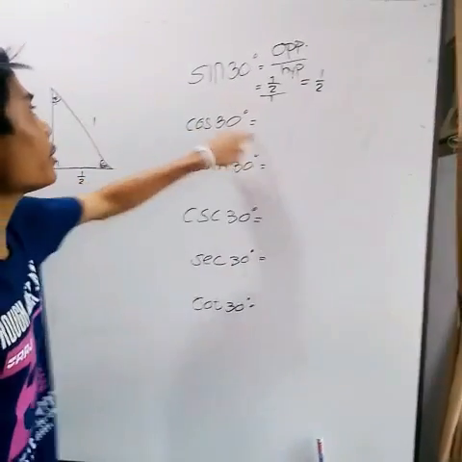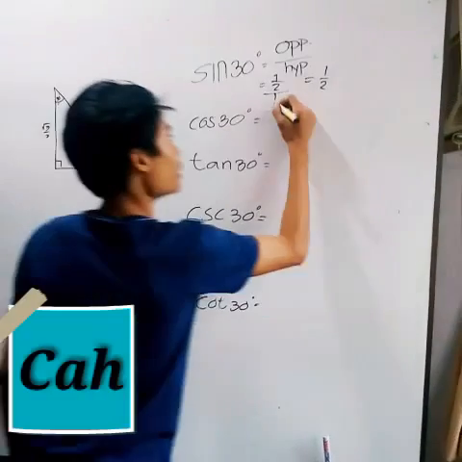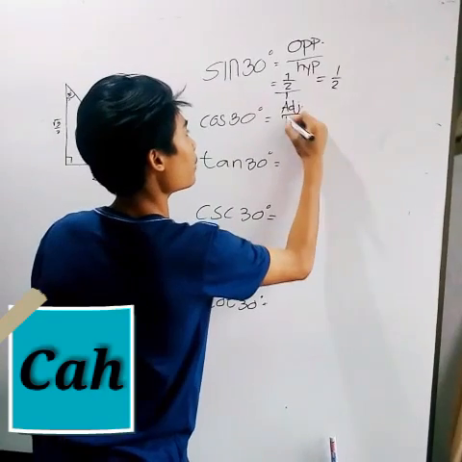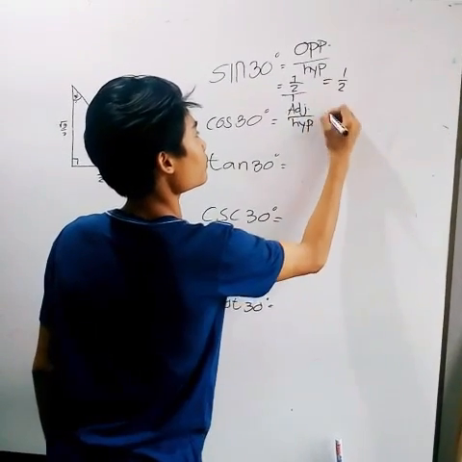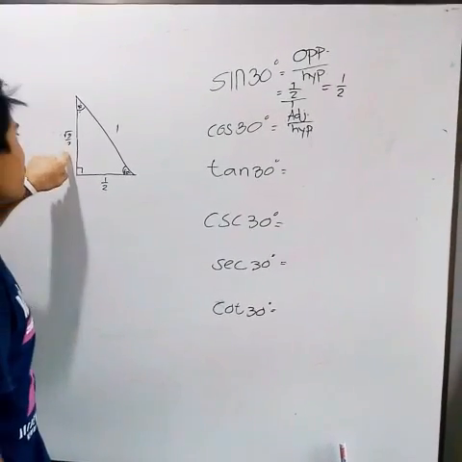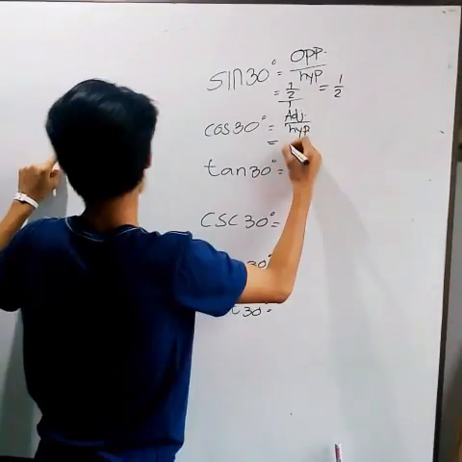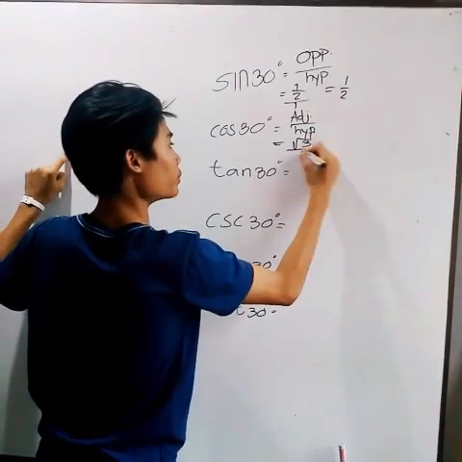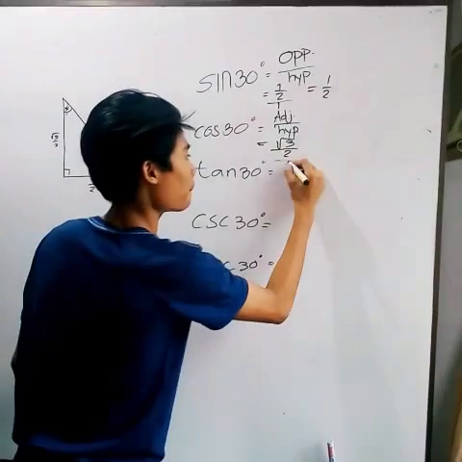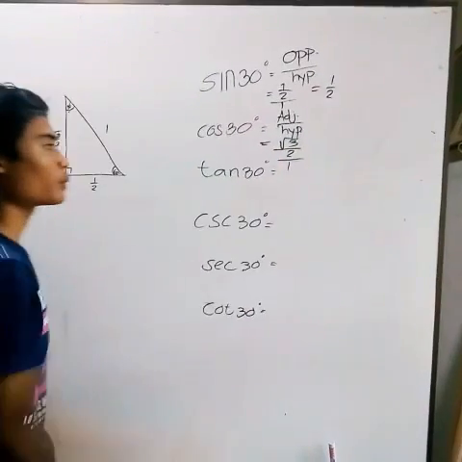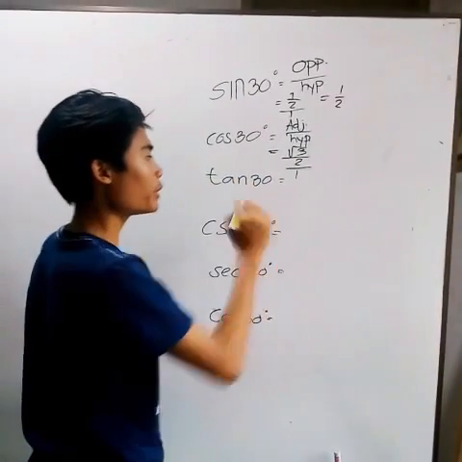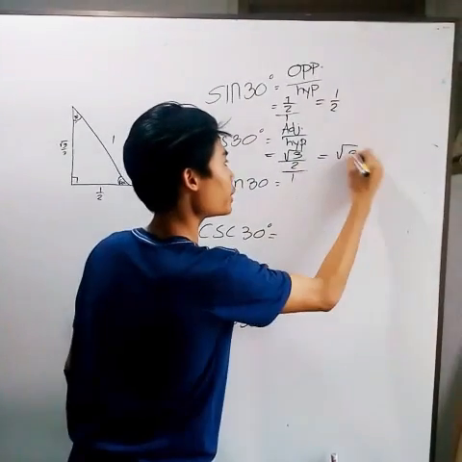In getting cosine 30, we will use adjacent over hypotenuse. The value of our adjacent is square root of 3 over 2, and the value of our hypotenuse is 1. Square root of 3 over 2 divided by 1 is equal to square root of 3 over 2.